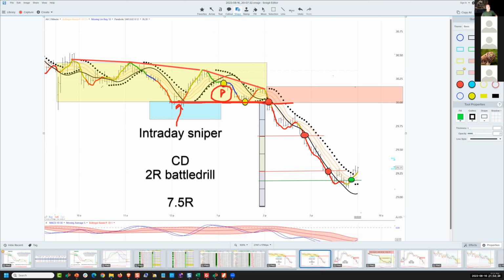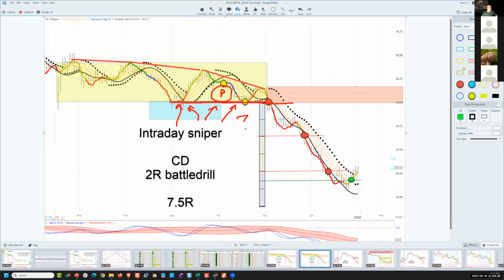What would we call any entry that is lower than that red line? What would we call that entry? Collapsing dragon. So we might have aggressively entered here. We might have anticipated a move there.